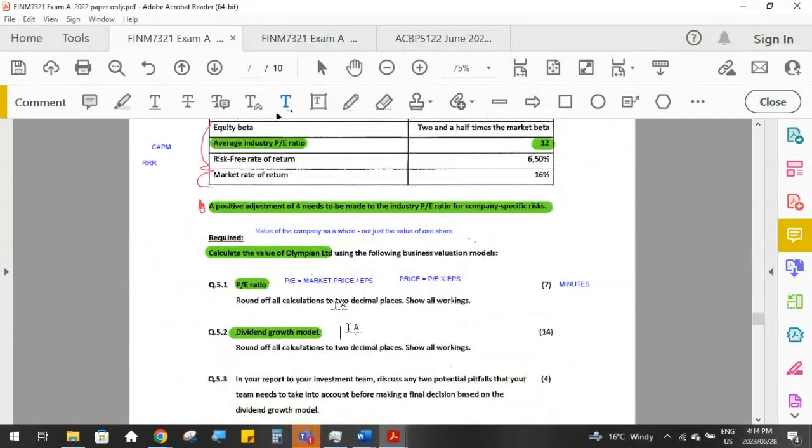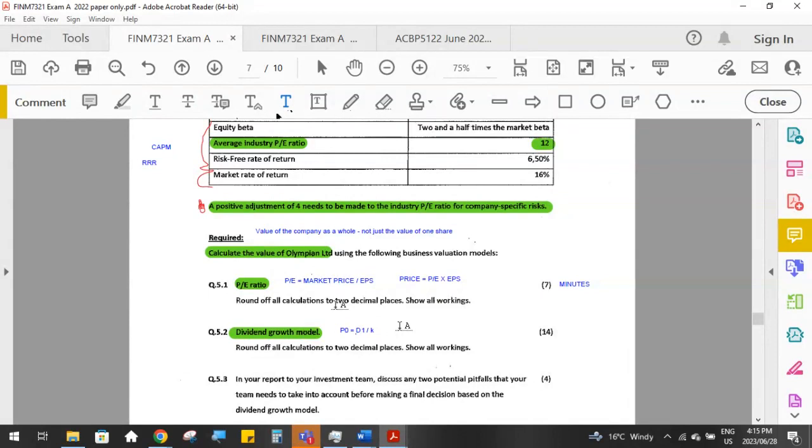So I know the dividend growth model that I'm going to use is going to be my basic dividend growth model, which says that I want the value of the company, P0, the value of one share at time 0, which means currently, is going to be equal to D1, which means the next dividend that's going to be paid out, divided by k minus g.